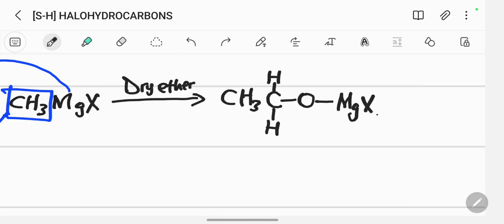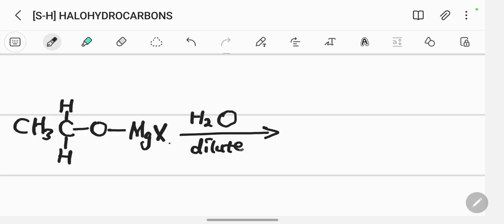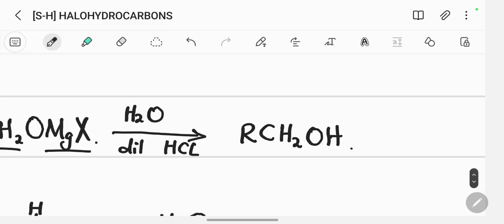So after that, we add in water. Some books will say acidified water, and dilute HCl. So this word dilute is not allowed in our chemistry.